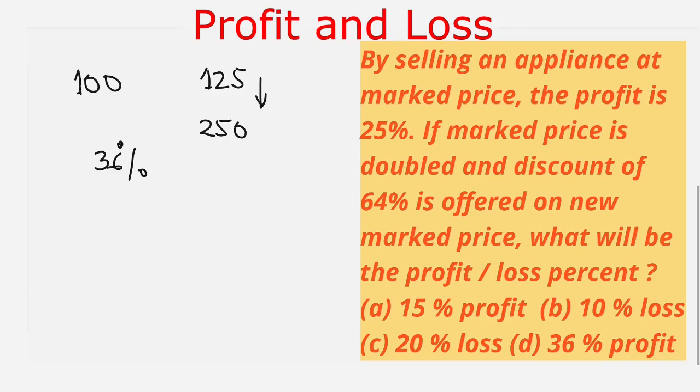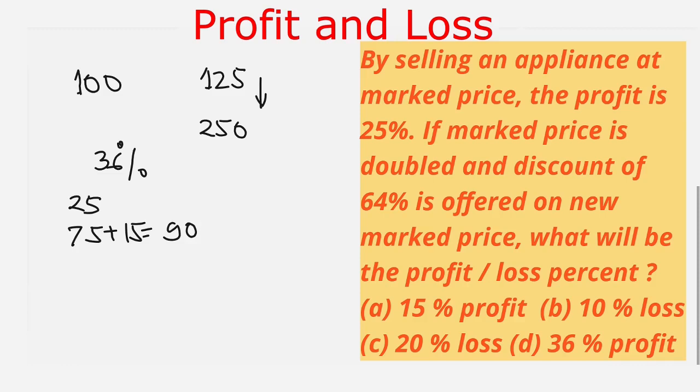So 10% is 25. So 30% will be 3 times of it, 75. And this is 30%. So 1/10 of 75 is 3%, which is 7.5. And double of it will be 6%, which will be 15. This is equal to 90.